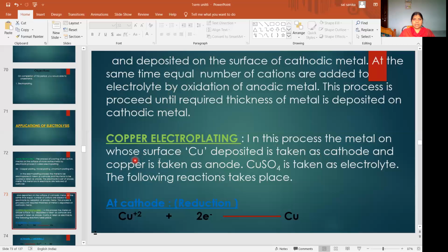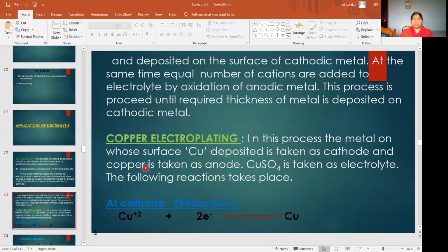Whatever metal you want to deposit copper on will be the cathode. For example, if you want to coat copper on zinc or on iron, that zinc will become the cathode and the copper will become the anode.